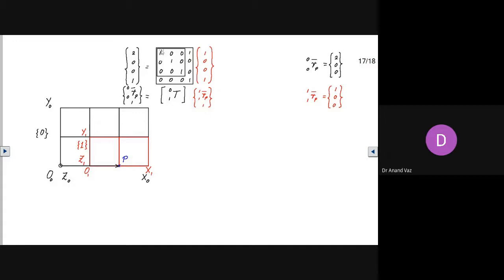You can see this unit matrix represents an unchanged orientation. So the orientation of frame 1 and frame 0 is the same.